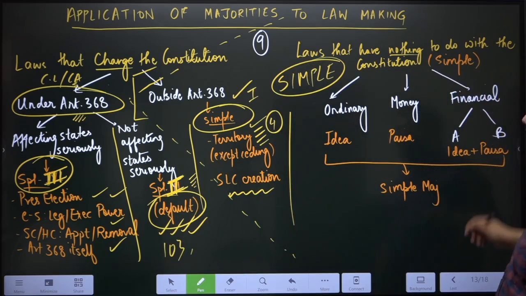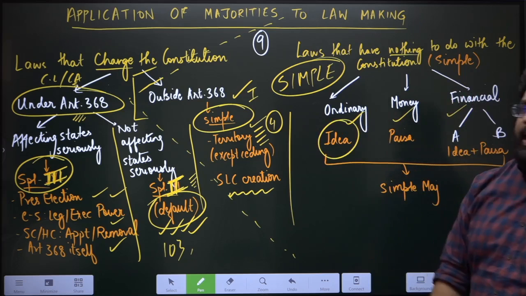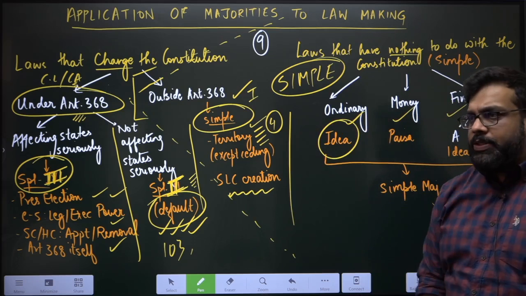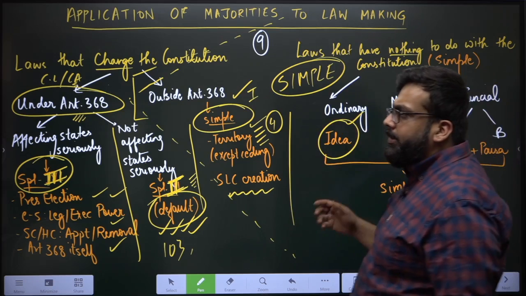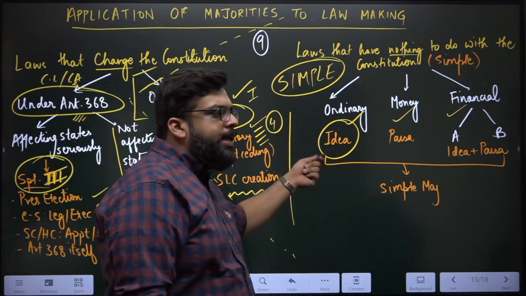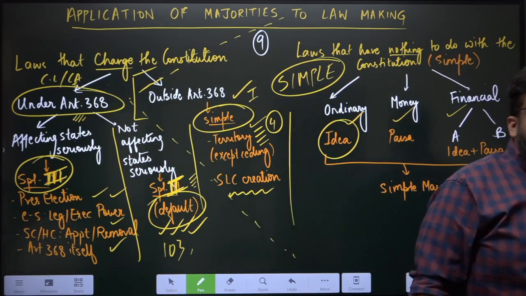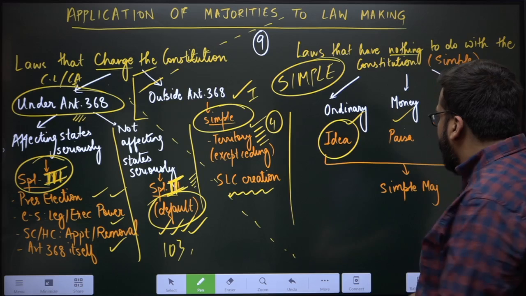There are essentially three kinds. We'll do them in detail when we do the parliament: ordinary, money and financial. An ordinary law is basically an idea. When an idea requires no money, for example, let us say you're changing marriageable age, right? That is an idea. You don't need money to change. You don't need to spend money to increase marriageable age for women.